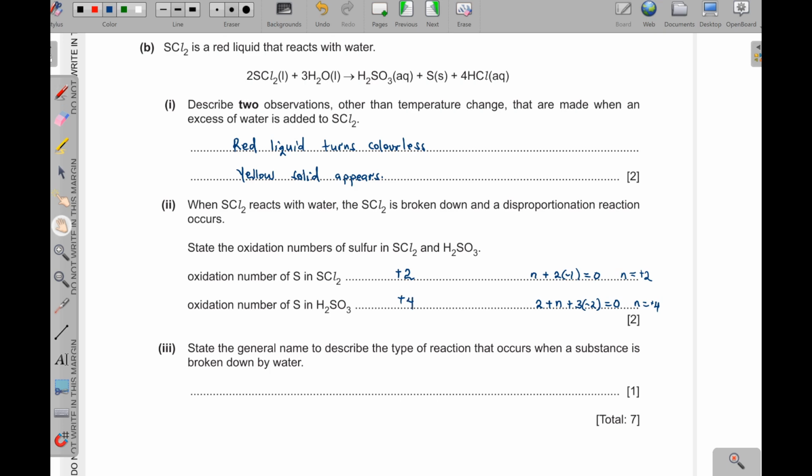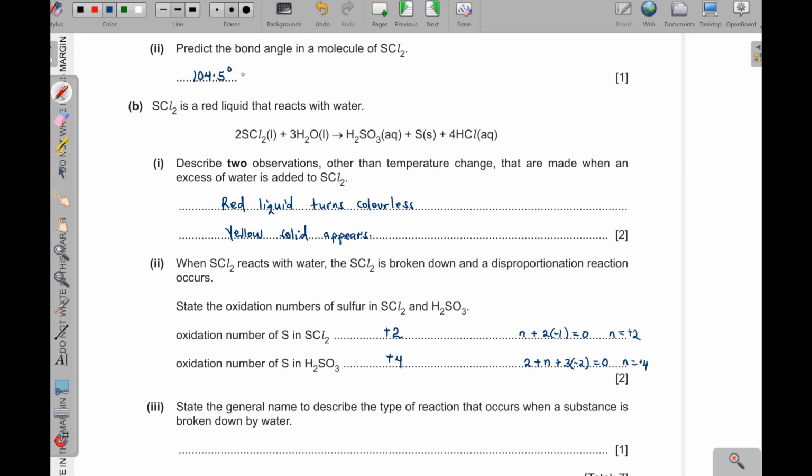Now we can see that if the oxidation state of sulfur in here is +2, then you come to this one here, in sulfurous acid, it's +4. So there is an increase in oxidation state. So this one is going to be oxidation. See that? Then we have sulfur here. The oxidation state is 0.